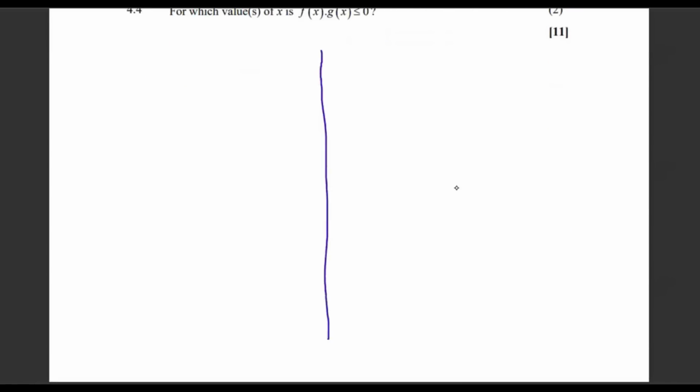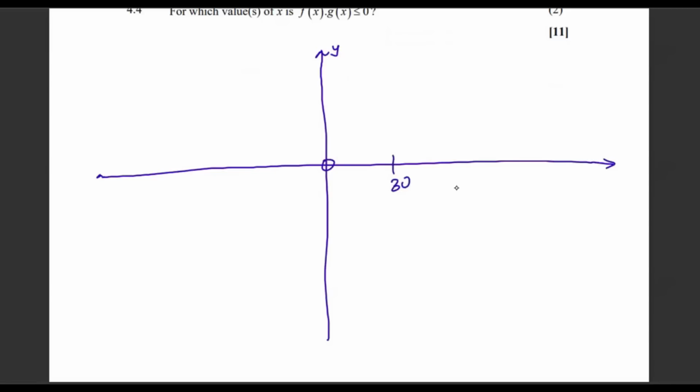So before I give the step, let's see, that's our y, and this is our x. So if that's a 0, that's a 30, that's a 60, that's a 90. It's a -30, -60, and probably -90.